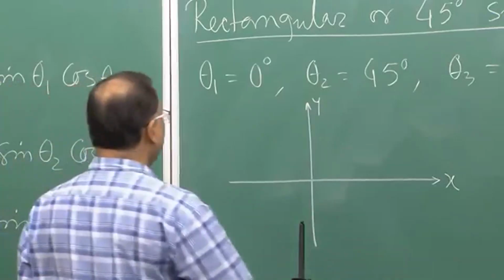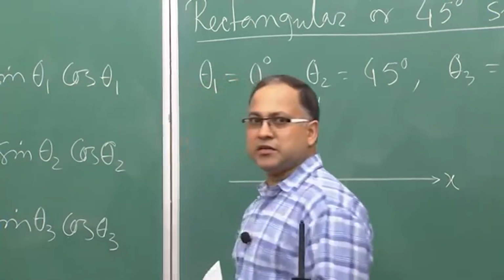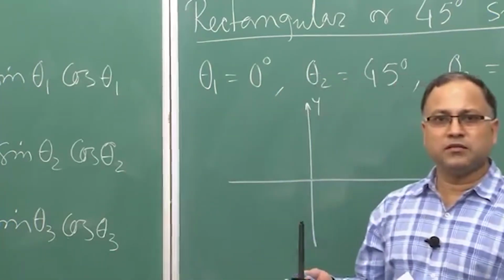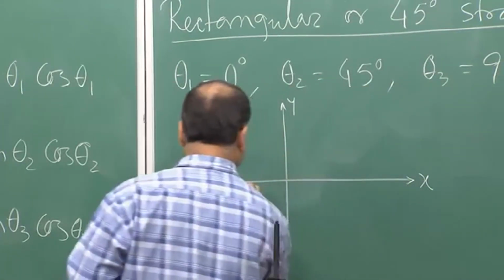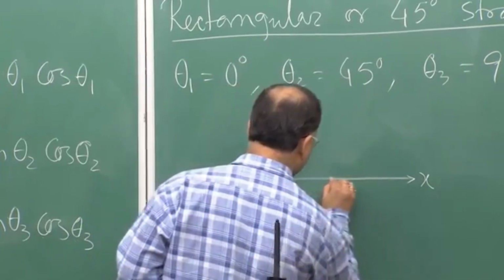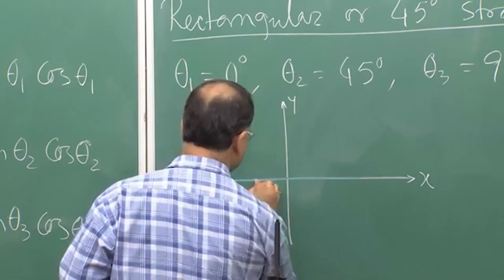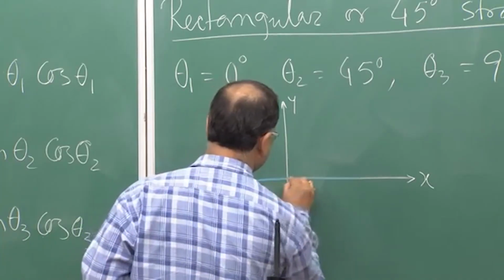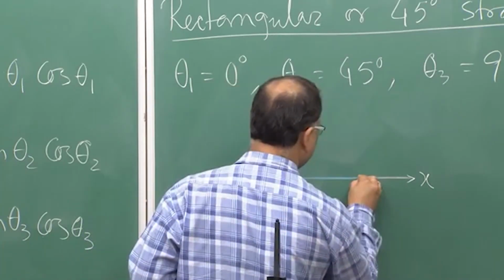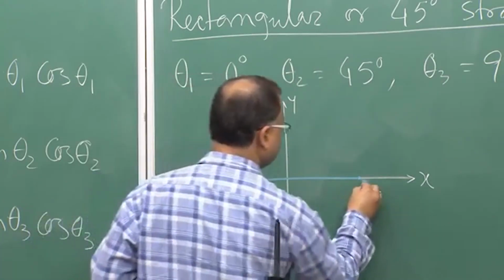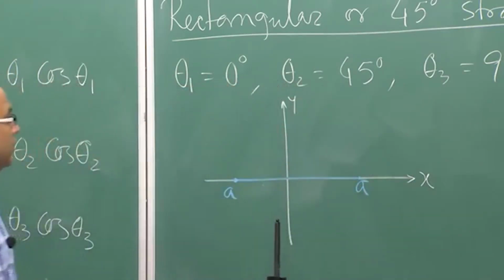Okay. Now, theta 1 is 0 degree, that means in the previous figure the line AA is coinciding with x axis, right. Okay, fine. So, line A is coinciding with x axis.